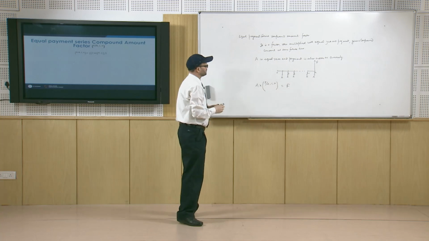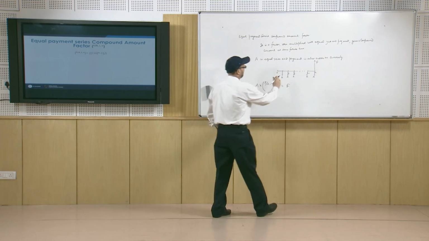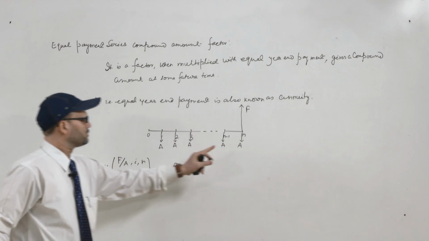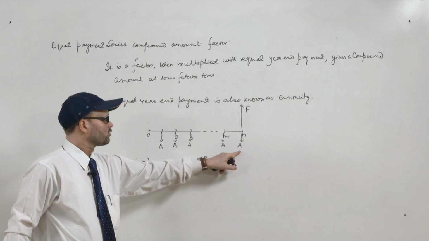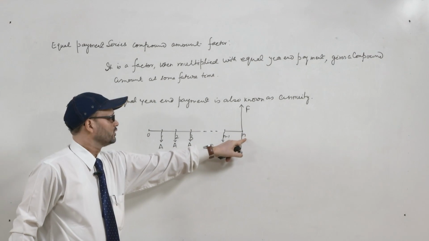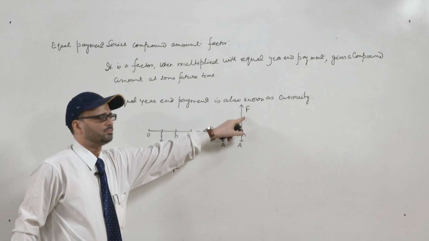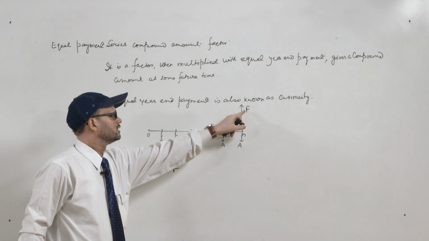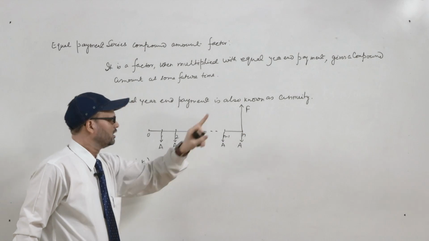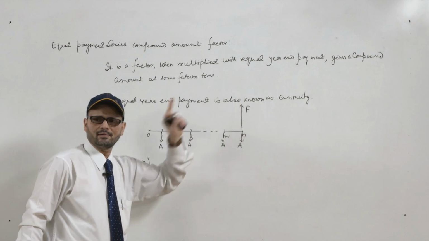Now, if you look at this diagram, what you see is that the contribution of the A, which is made at the end of nth year, it is A itself, because you are drawing the amount at that time itself. So, its contribution is A itself.